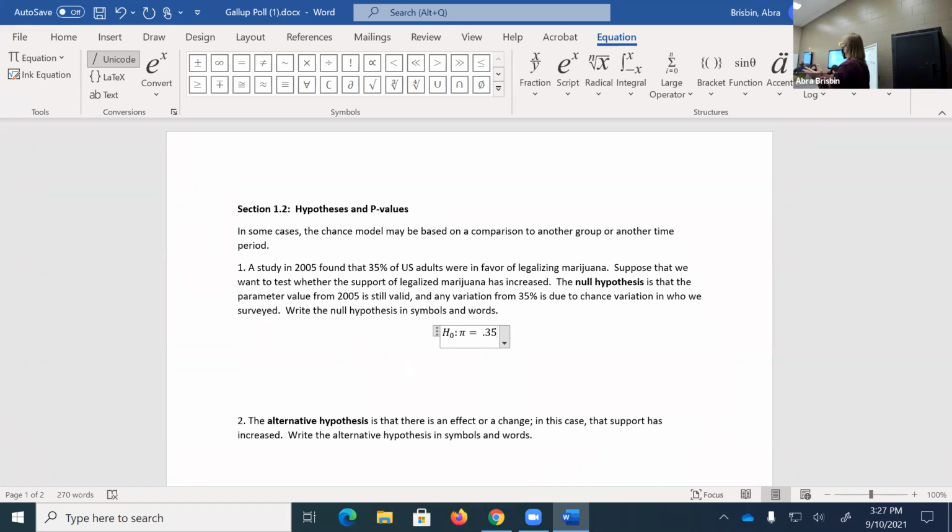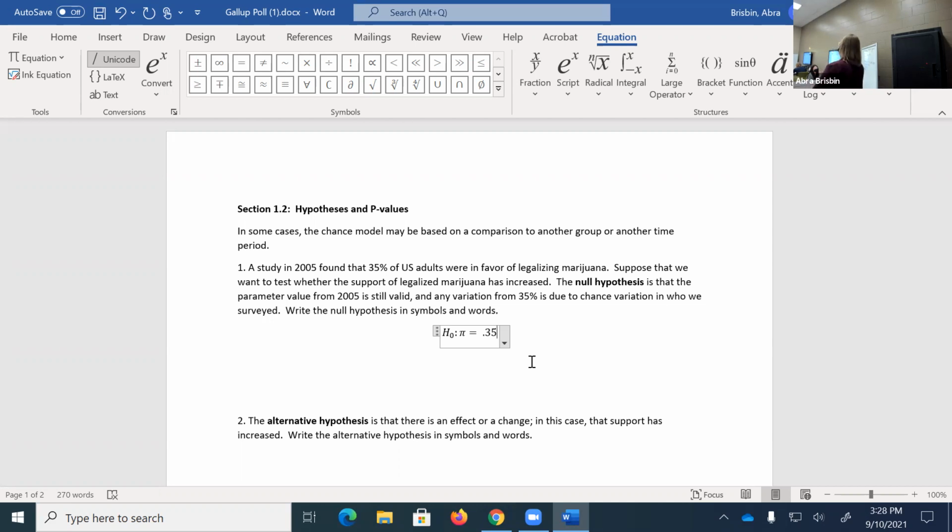In that case, 35% of people being in favor of legalizing marijuana is the chance model, meaning that if in our sample, maybe 38% of people were in favor of legalizing marijuana, then under the chance model, that difference between 35 and 38 would only be due to chance in who we happen to survey.